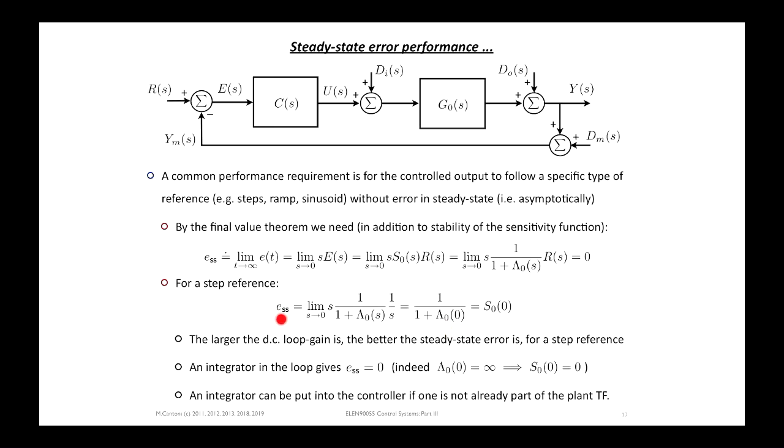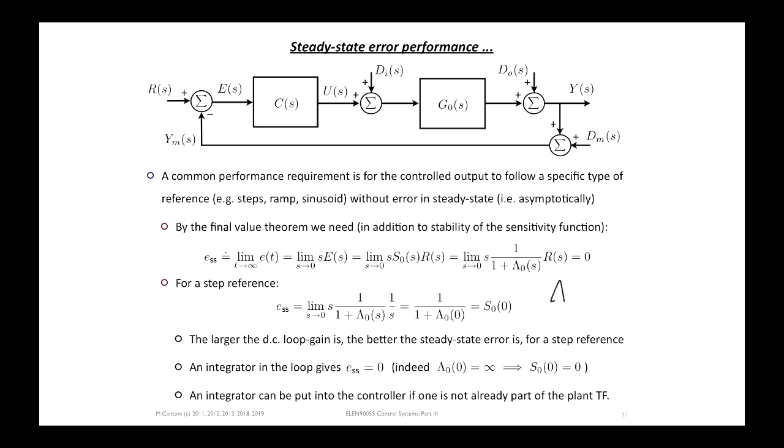So how can we make that small? We just make sure that lambda at 0 frequency is very, very big. The larger the DC loop gain, the better the steady state error performance is for a step reference. In fact, we could make this equal to 0 by making sure that this is of infinite magnitude. Well, how can we make that of infinite magnitude?